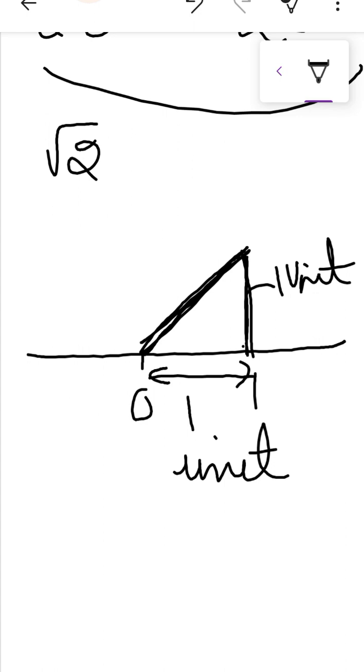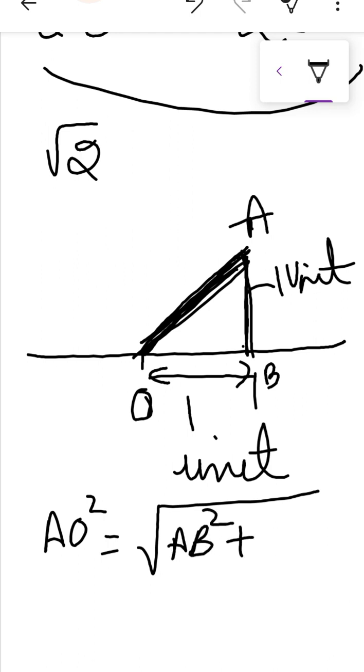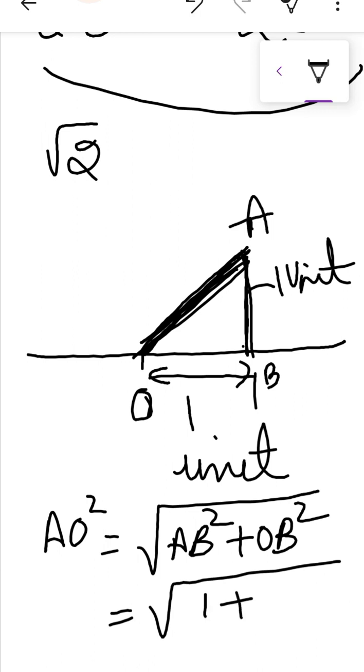Now this is O, this is, we can say, A, and this is B. Okay, so find the value of AO. By using the Pythagoras theorem, AO square will be equal to AB square plus OB square, right? So AO square will be equal to 1 square plus 1 square, that is 2, so AO is root 2. Fine. So the value of AO will be root 2.